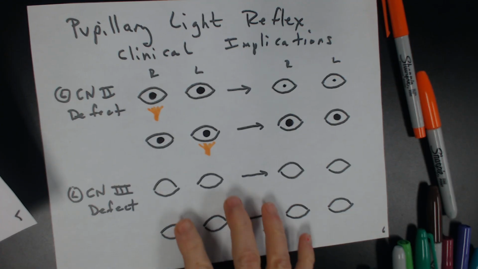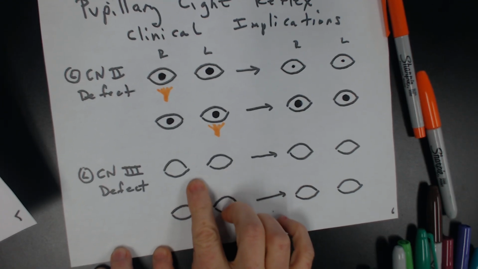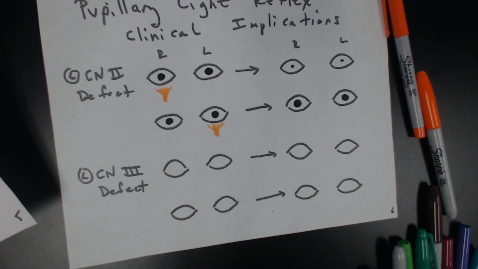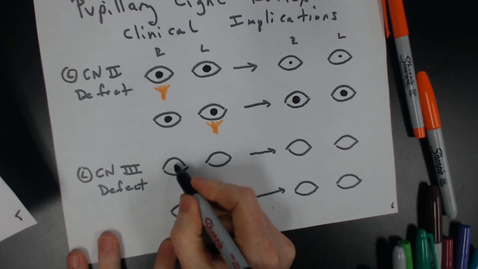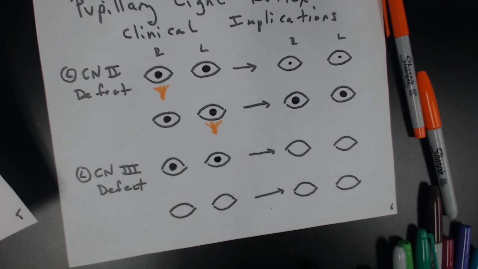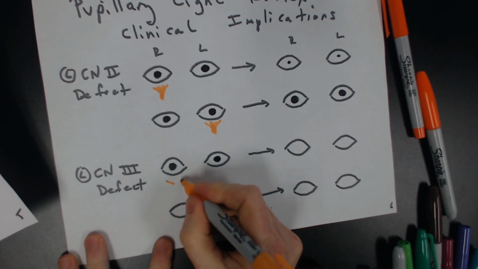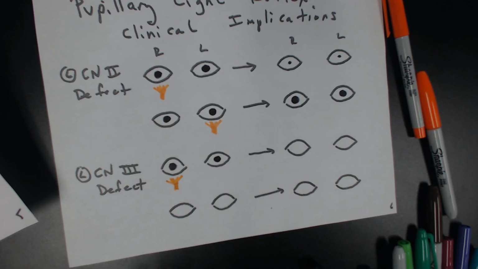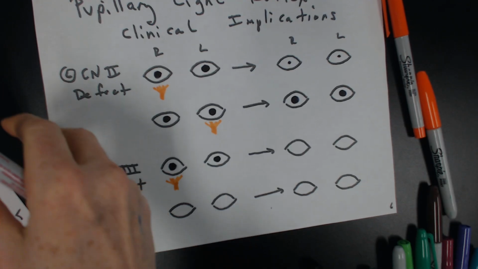All right, let's look at a left cranial nerve 3 defect. That's going to be down here. To start the test, I'm going to start out with pupils that are great, big, and round, all dilated, and I'm going to start by shining the flashlight in the right eye. This time, I'm looking at a left cranial nerve 3 defect.